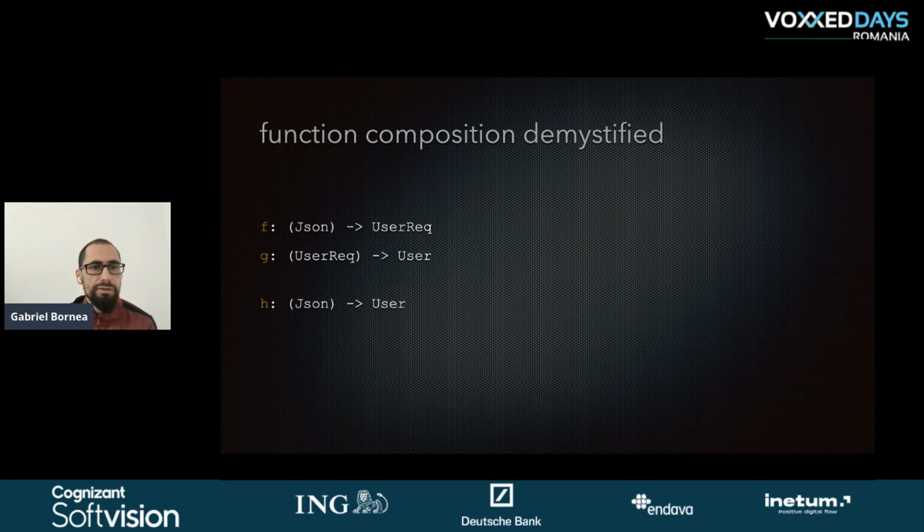And this function is going to go from the input of the first function to the evaluation of the second function. And there are several ways in which we can achieve this. One of them is by using a lambda expression. And inside this lambda expression, we call g of f of our input from the first function, which is JSON. And this will produce our function from JSON to user.